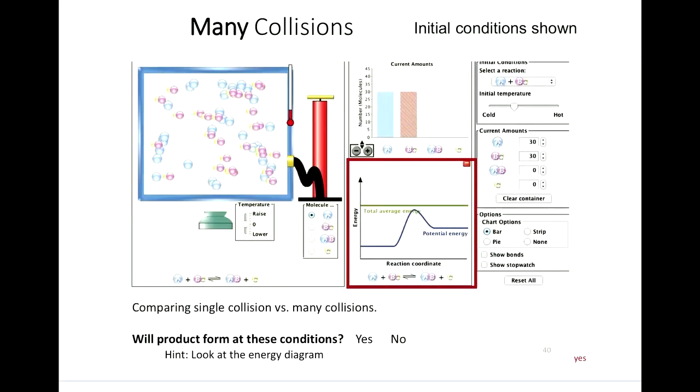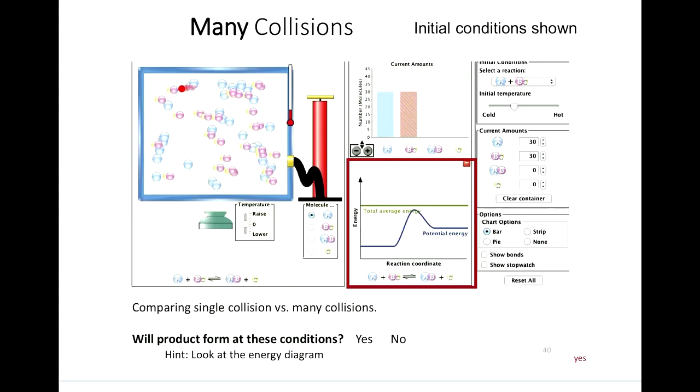Are the particles all moving at the same speed in a sample? Nope, you have this kind of distribution of speeds. So some of the particles will have high energy collisions, some of them are going to have low energy collisions. But if you have at least some high energy collisions, you will see this reaction proceed forward.